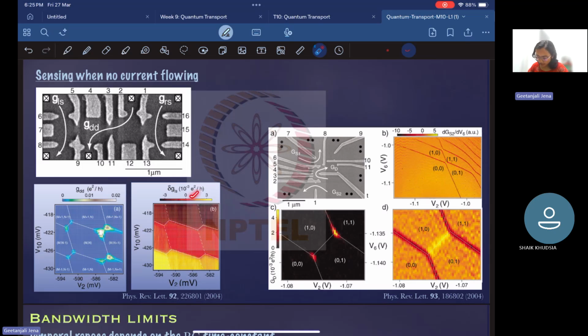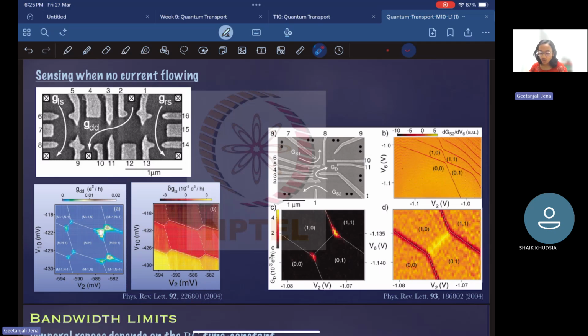If you look at this graph, it shows the variation of current through this quantum point contact, which is GLS, as a function of the gate voltages applied to this double quantum dot. You can see the same honeycomb pattern.